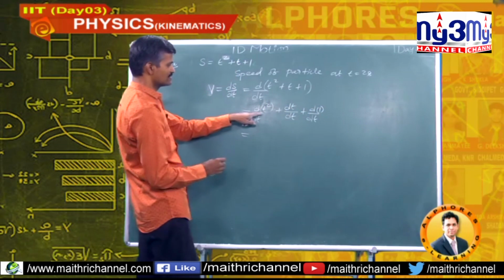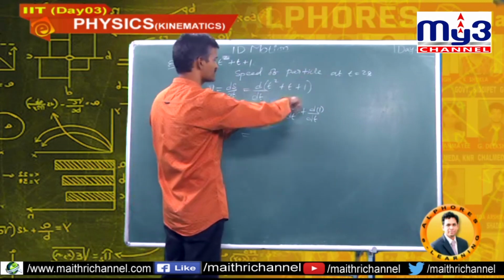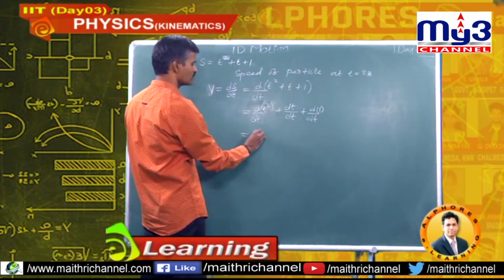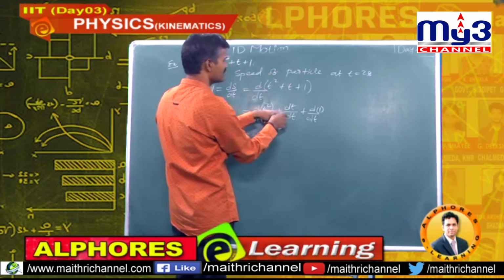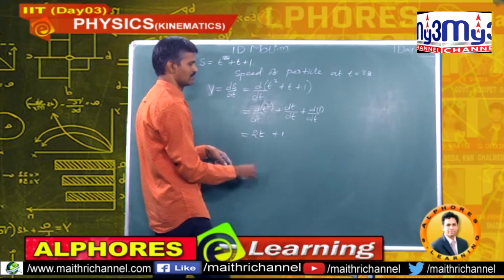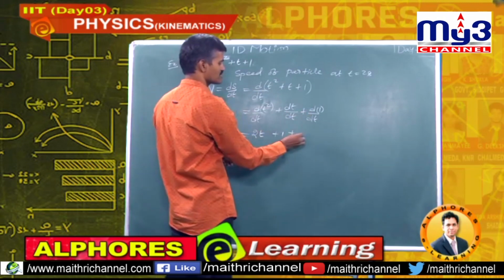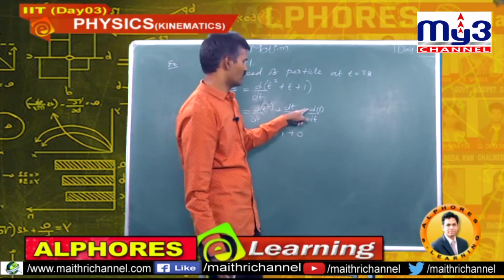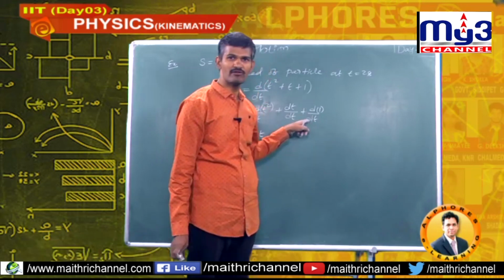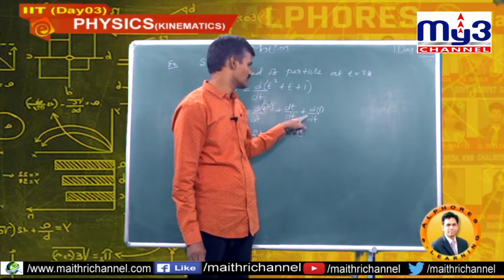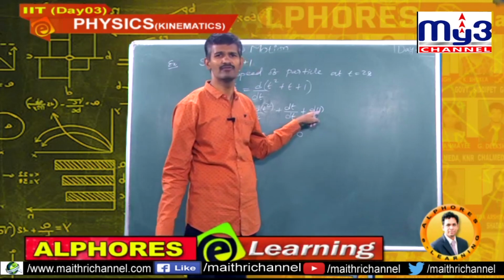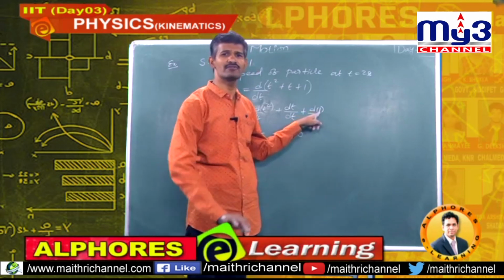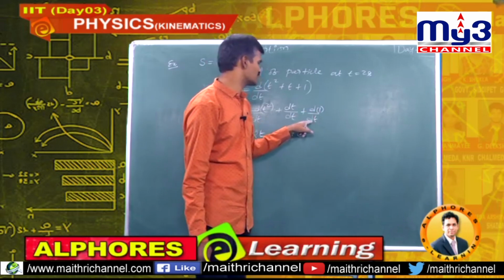We already solved t square, so it is 2t, plus derivative of t is 1, plus derivative of constant is 0. We have to note this point: the derivative of a constant 1, it may be 5, 10, any value, is 0.